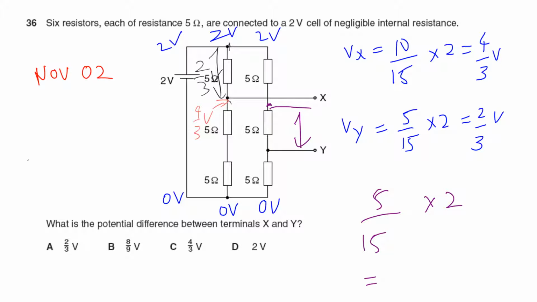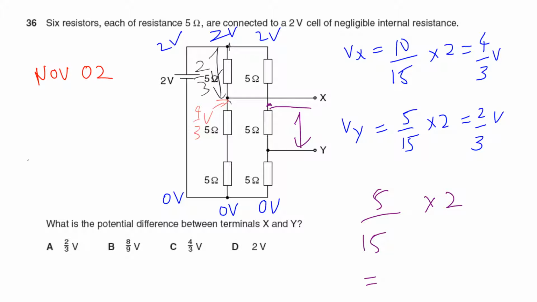So you see, I don't have to do any additional calculation. But if I found the PD from the top, I must take 2 minus the PD I found, which is 2 over 3, to get 4 over 3. But if I find PD from the bottom, the PD 4 over 3 is already the potential here, because this is 0. So to find potential, always use the PD from the 0 side. That's the technique. Less working. Okay?